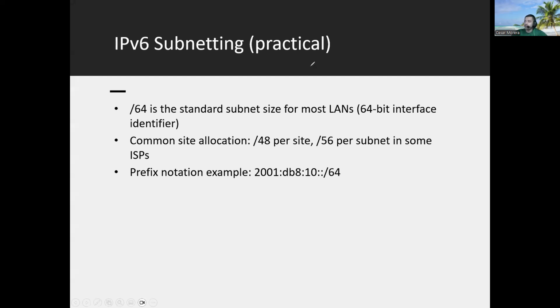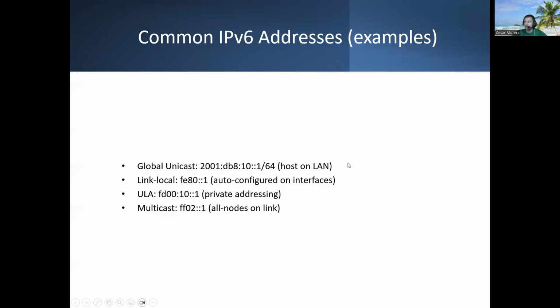Finally, we have the prefix notation example: 2001:DB8:10::/64. That is an example of an IPv6 prefix, the standard subnet size for most LANs. Okay, let's clear this and continue moving on.